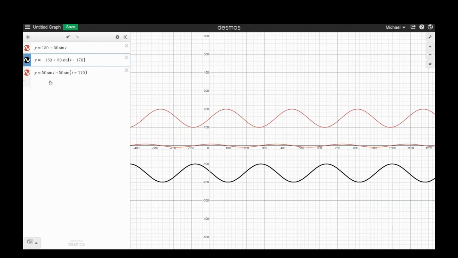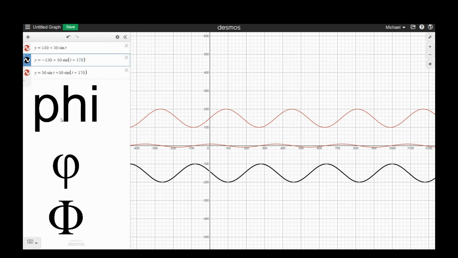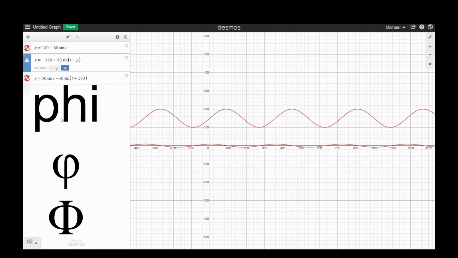So what could we do to automate this phase process? Could we put a letter in here and Desmos will allow us to play with it? Yes. What should we call phase? Well, you might want the letter P. And you can use P. But P is not F. There is a Greek letter F that doesn't exist in English.